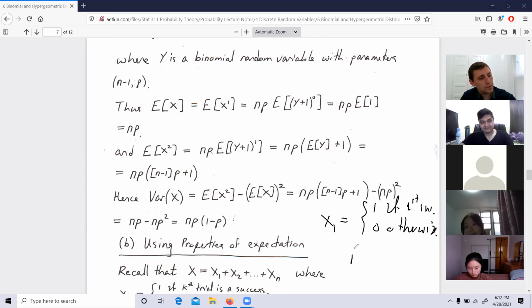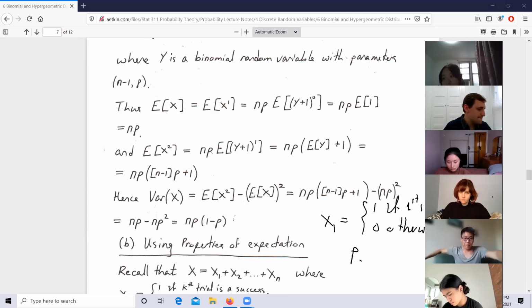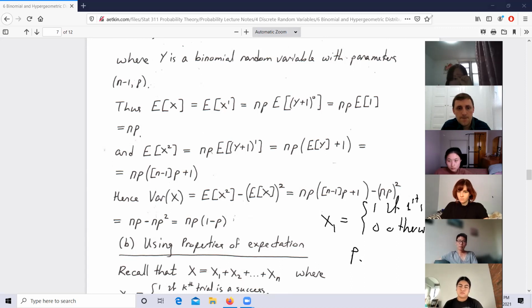And the probability of success is P. What's the expected value of X1, please? Very good. Careful of no success. You were just looking at an individual success. Its probability of success is P. We don't need to consider the trials.